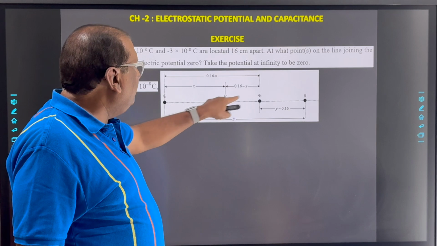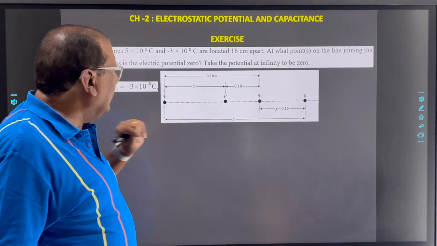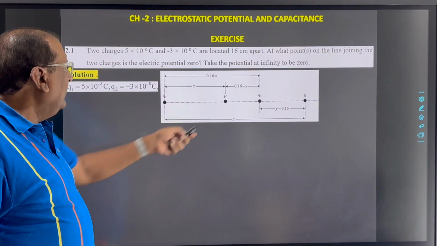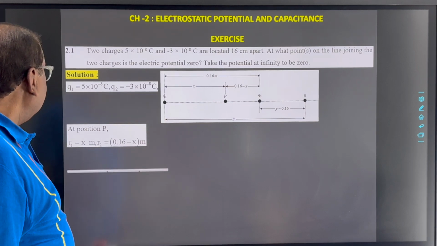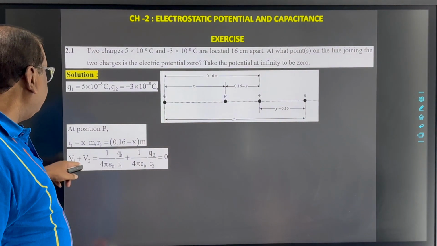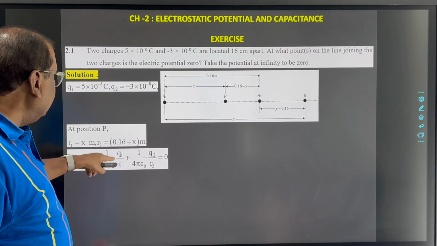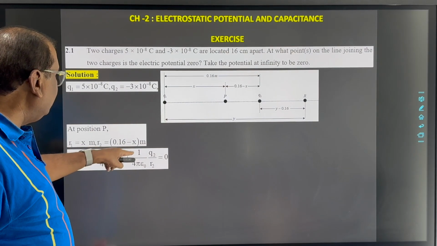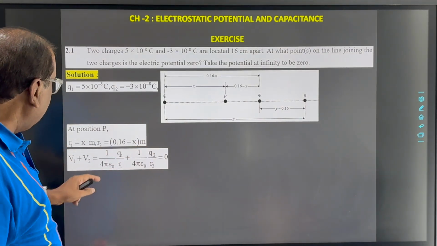So the distance between P and q2 is 0.16 minus x. Now at P the potential of q1 plus potential of q2, that is V1 plus V2, is 1/(4πε0) q1/r1 plus 1/(4πε0) q2/r2.